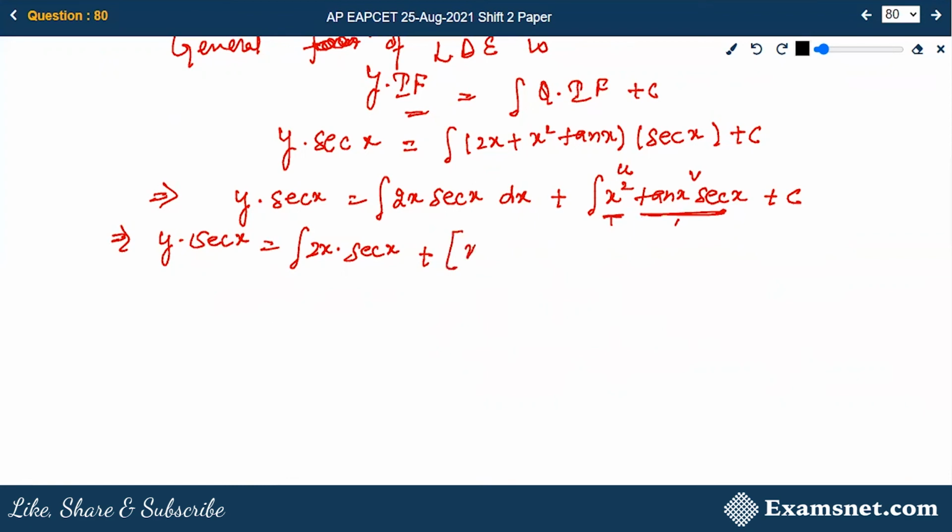It is first function into integral of second, minus integral of derivative of first into integral of second.